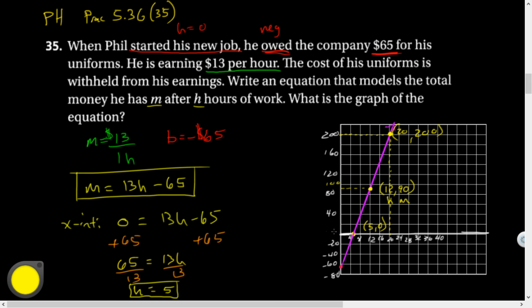I want to point out that there did exist a point where he had worked 2 hours and still was at negative $40, right? These are rough estimates because my graph is so small. All right, but that's what those points represent. So the x-intercept was the break-even point when he finally had zero money again. That's kind of how we figured it out.